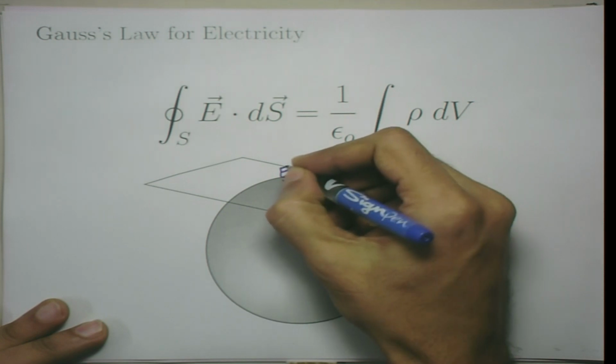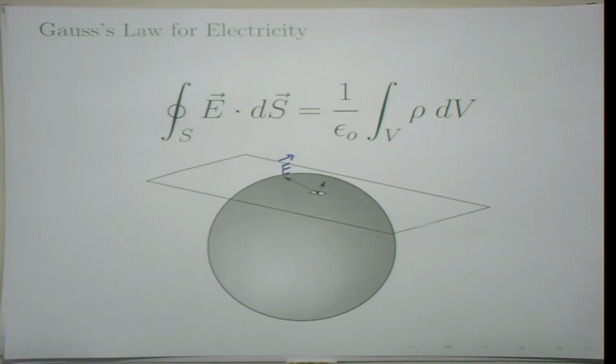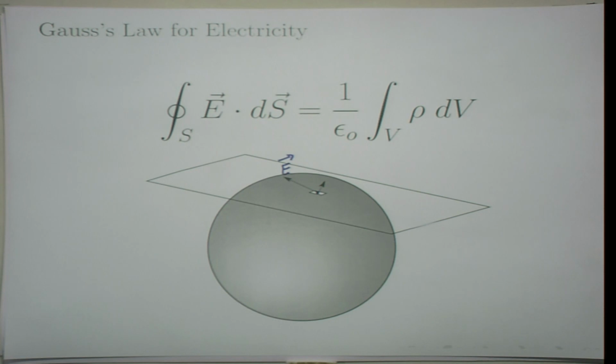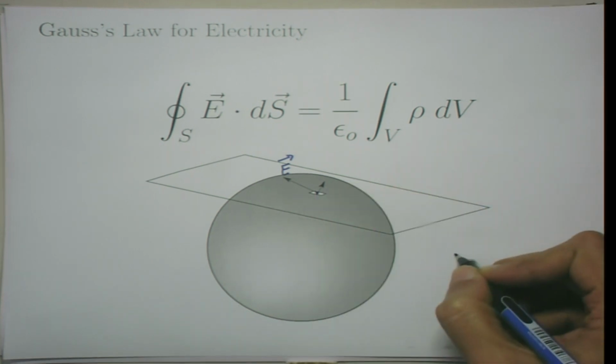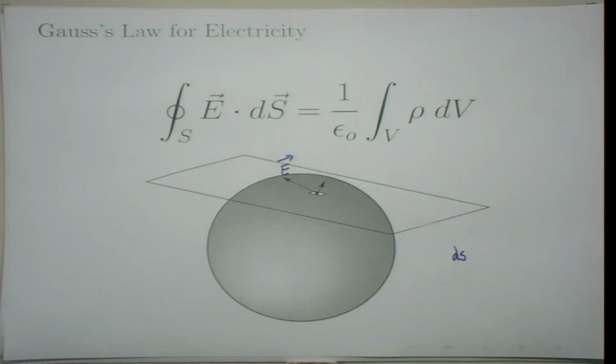or rather if E is obtained at a certain point on the sphere, I call this point, and now I take this E and do a dot product with an elemental area vector. What we mean here is this ds is a small element on the surface.